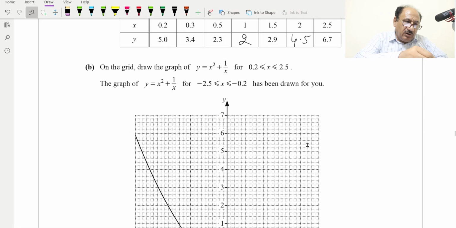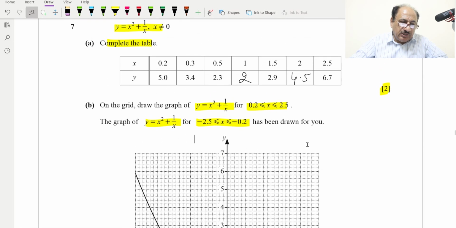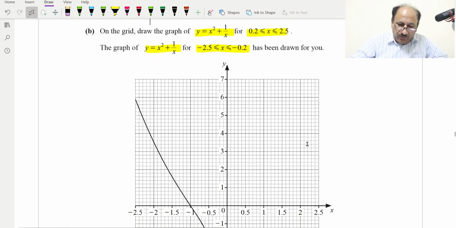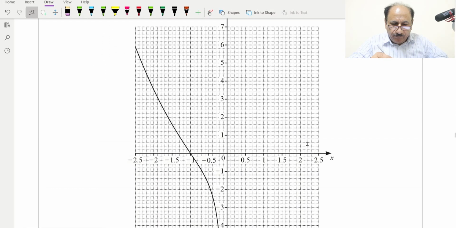On the grid, draw the graph of this one ranging from here. The graph for this has been drawn. So basically we have to plot this table of values. We'll have to identify those points. So the first value is this one, 0.2 and 5. 0.2 and 5 will be this point which I have marked over here.